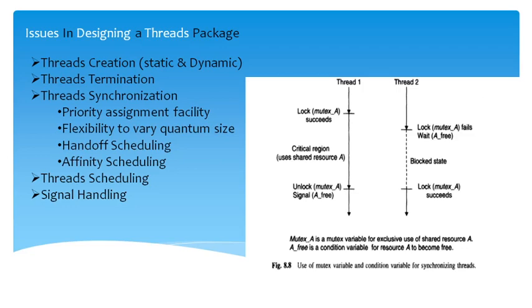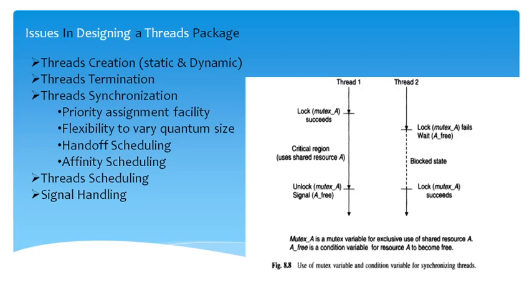Other threads are blocked and entered into the queue of threads waiting for the mutex variable. After getting the mutex variable, they go to the lock state and can run the critical section code. And a status code indicating failure is returned to the thread. Okay, so these are the lock and unlock operations.